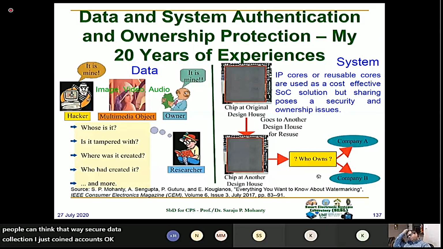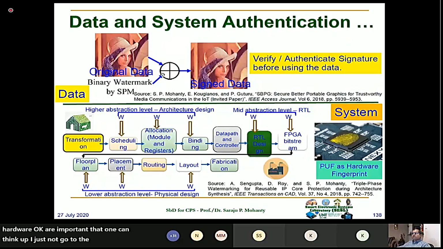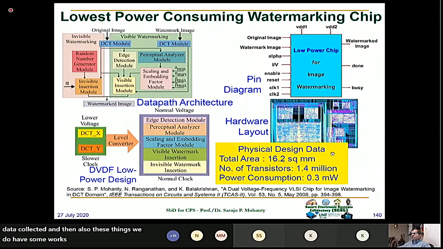And another security aspect I was mentioning is ownership, which is a very important aspect. Media, that is movies and other things, are important as hardware that one can think of. I will not go into the details. This I developed a long time ago, these data-related things, and we have some works. This is the hardware that I gave long ago, which is considered the first low power watermarking chip.